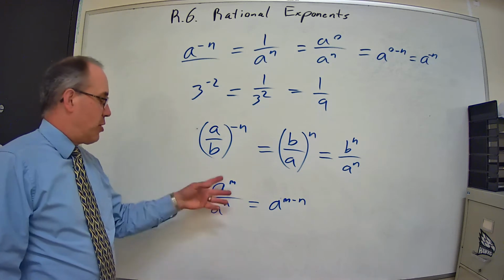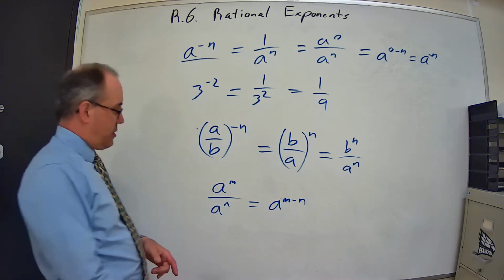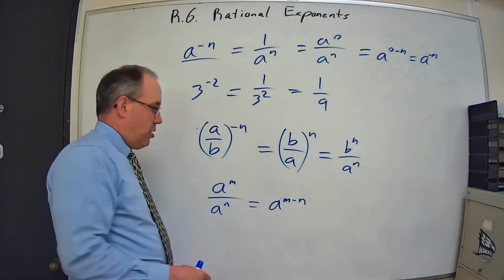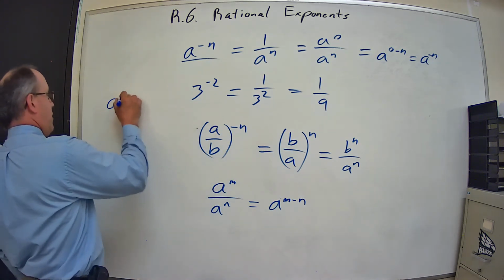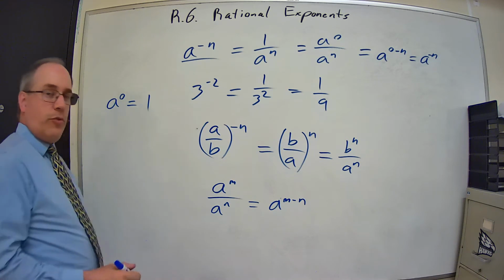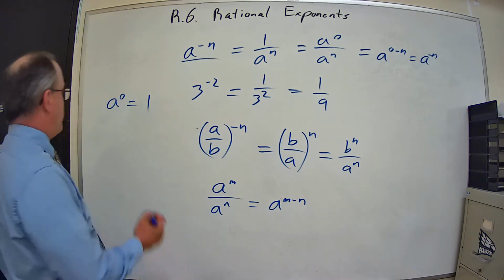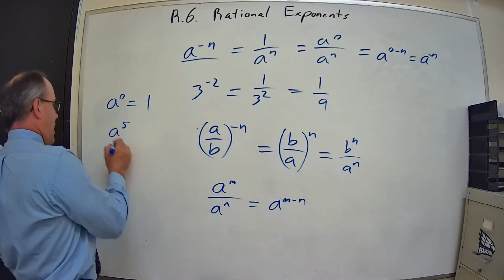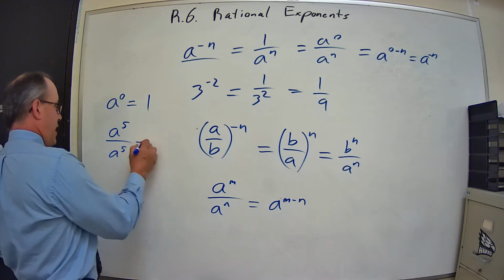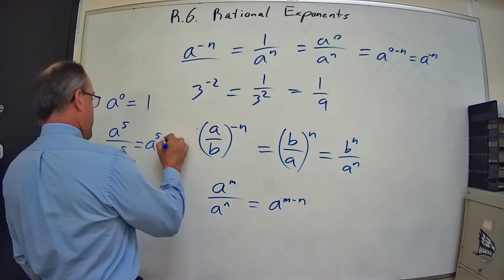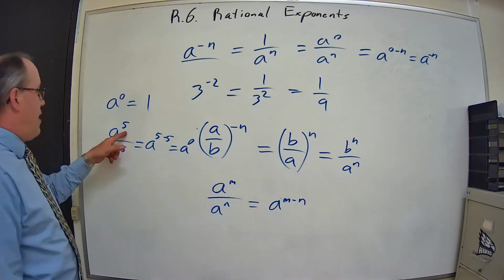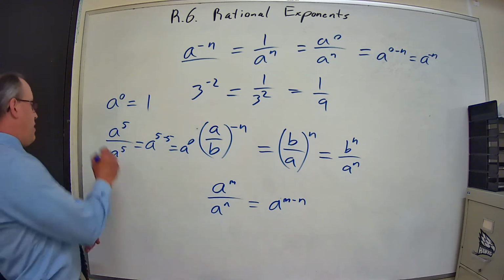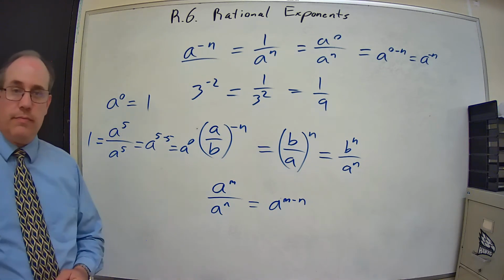And you can even look at the quotient rule and ask, what's a to the 0? Well, a to the 0 is equal to 1. If we say a to the 5 over a to the 5, that's equal to a to the 5 minus 5, which is a to the 0. But a to the 5 over a to the 5 is equal to 1.